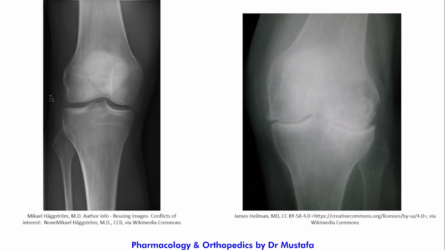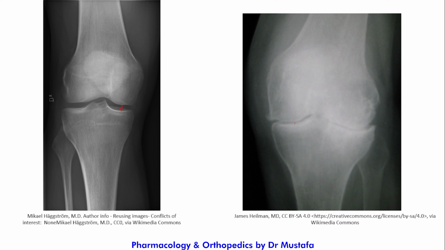So here we have X-ray images of the knee. In the left picture, the normal knee joint, but in the right picture, the osteoarthritic knee joint. So we can notice the joint space. This is the normal joint space, but here, as we can see, it is reduced. It is less than 3 millimeters.